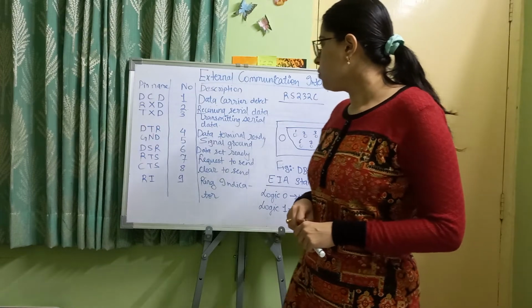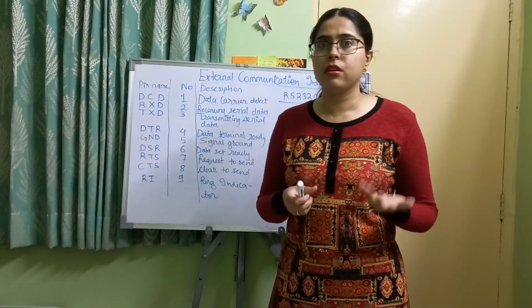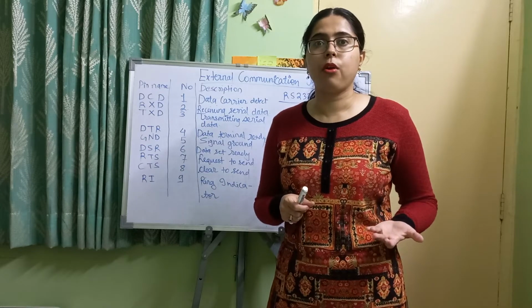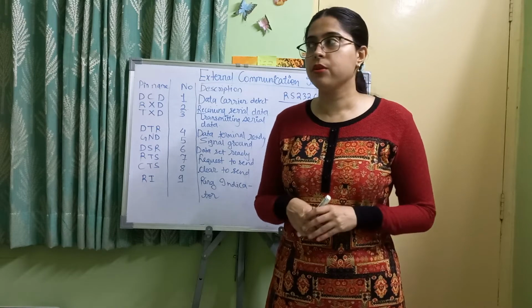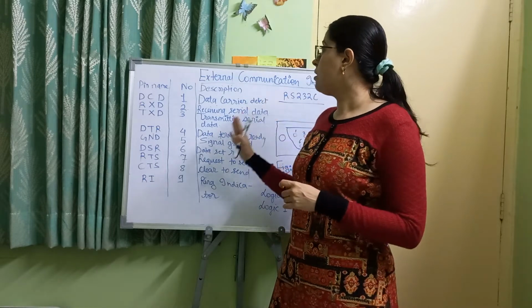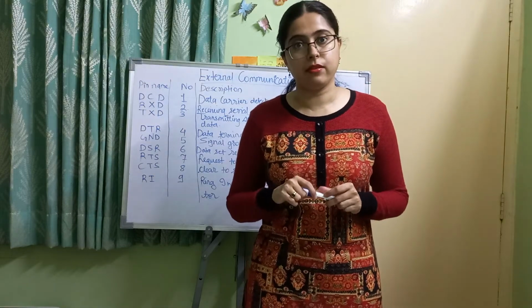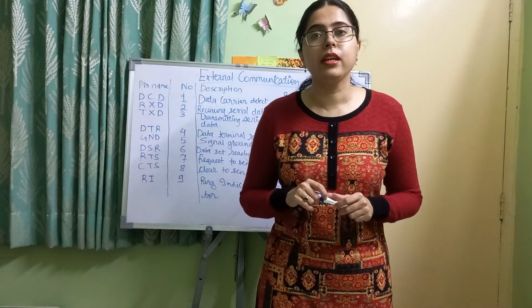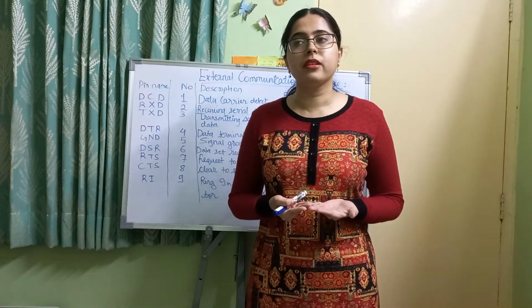Okay, so now the next point is baud rate. See, I have told what is meant by baud rate in my previous lectures. You can see those uploaded videos. Okay, now the external communication interface supports a baud rate up to 20 kbps. Okay, and there are devices which can work on 300 bauds per second.